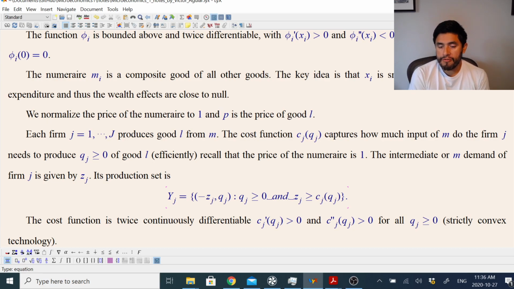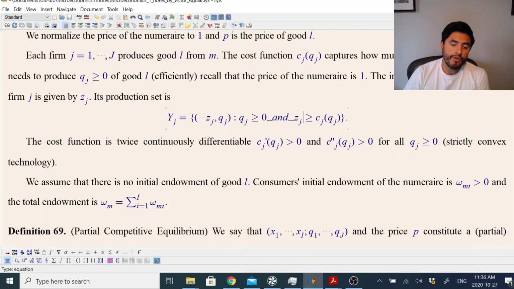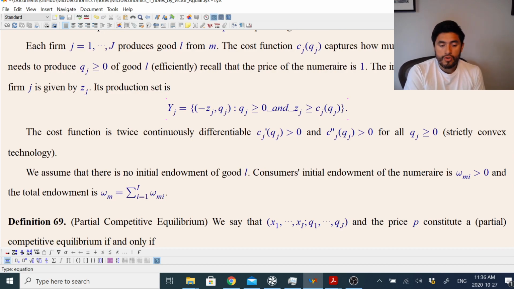Of course, efficient firms will produce exactly at the boundary of the cost, right? Now the cost function we're going to assume is also twice continuously differentiable, and we're basically going to assume the production set has non-increasing returns, and in fact strictly decreasing returns. So the first derivative says that more quantity gives you more input, more numeraire gives you more quantity.